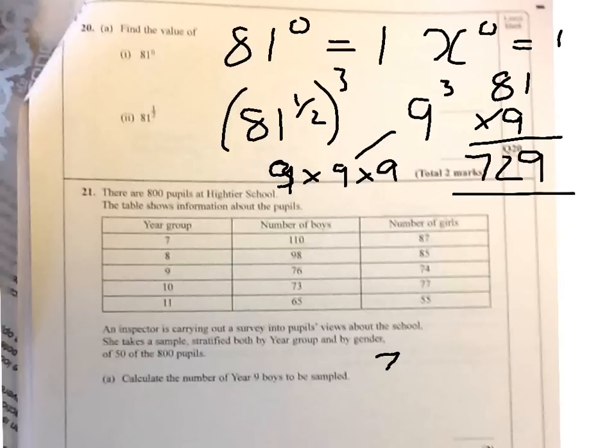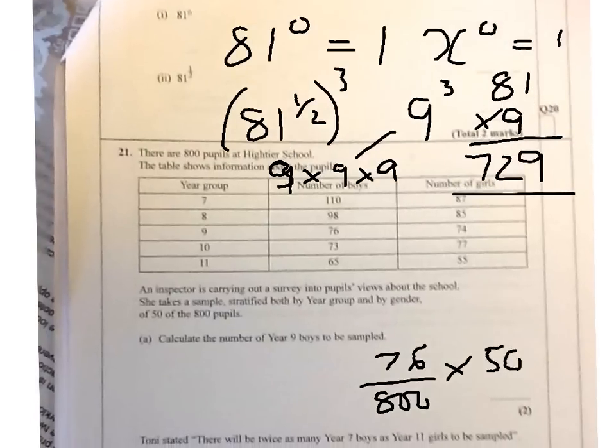76 out of a total of 800 times 50. It's 50 in the sample. So we can cross a naught off here and a naught off there. So we've got 76 over 80 times 5. Let's see what we can cancel this down by. 76 over 80 is going to be 38 over 40.